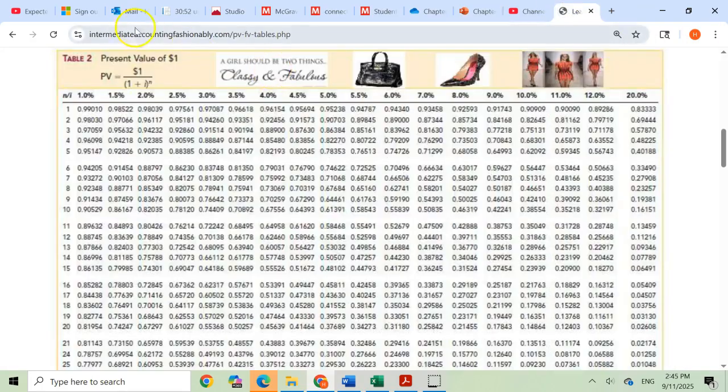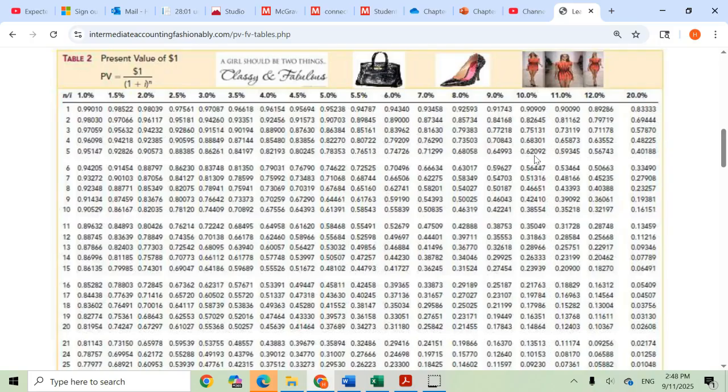So here I am in my present value of $1 table. I have interest rate of 10, and where do I get 0.625? If I go here, I don't see 0.625. So even though I don't see the exact 0.625, I'm going to look for the factor that is most closely associated with 0.625.